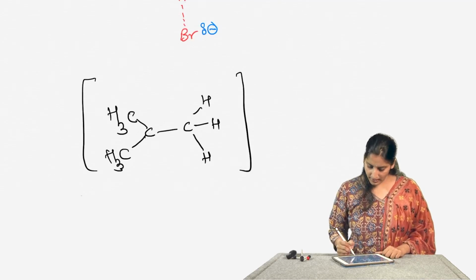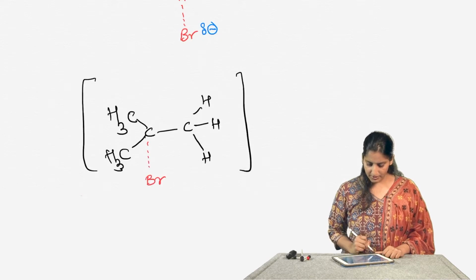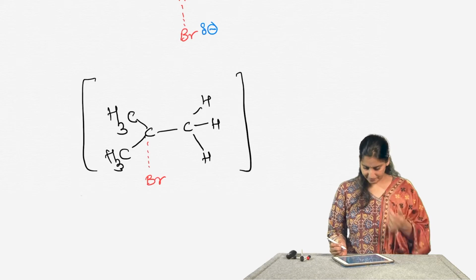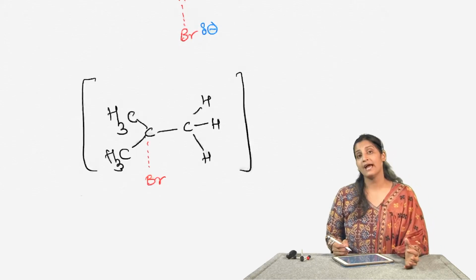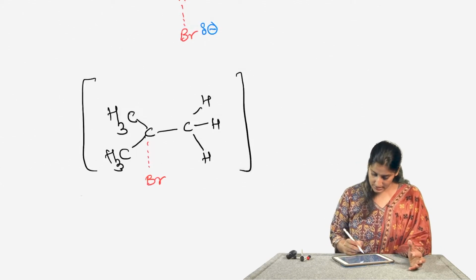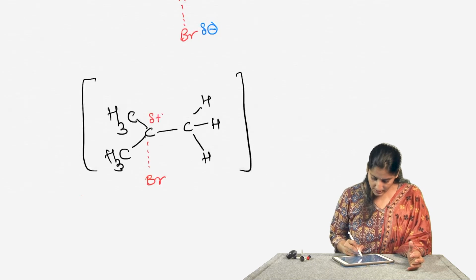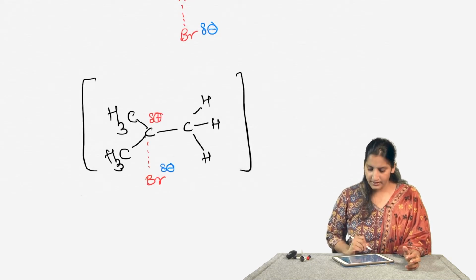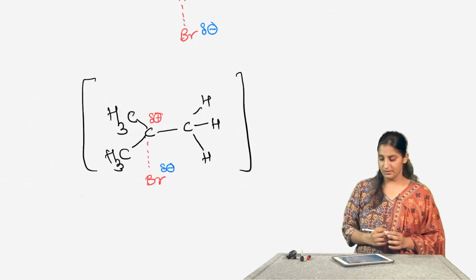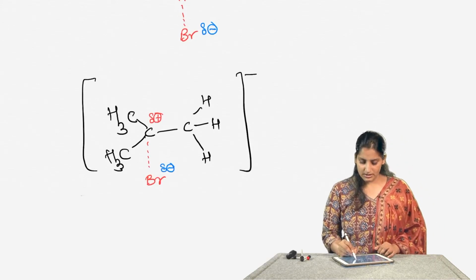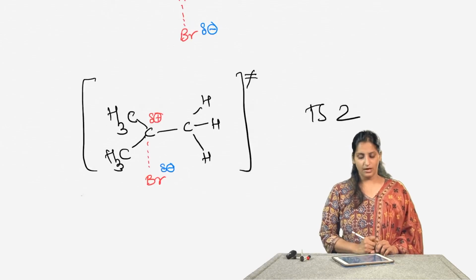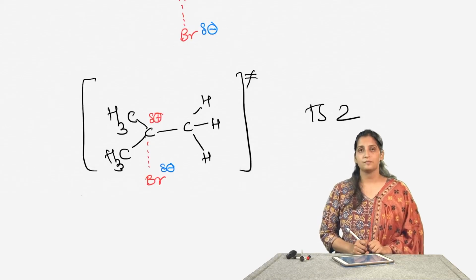Now, Br and carbon are going to form a partial bond here. Okay. I began with a carbocation, so the carbocation is still going to be present and there is going to be a delta positive. I also started from a bromide ion, so that delta negative is still going to be present. So, that is how the transition state for the second step is going to look. So, this is my TS2.